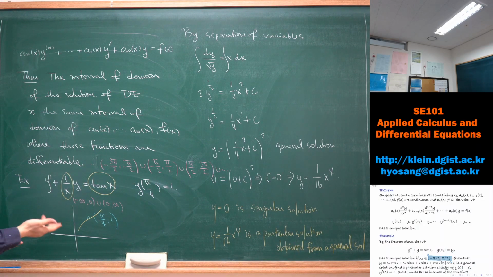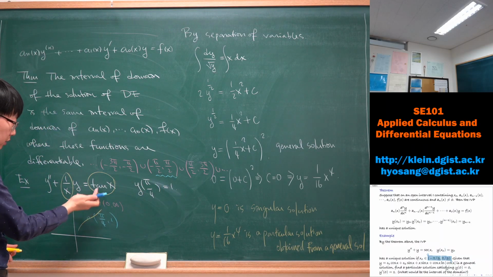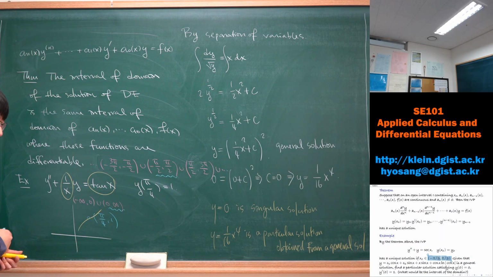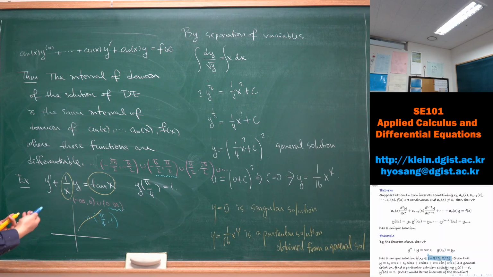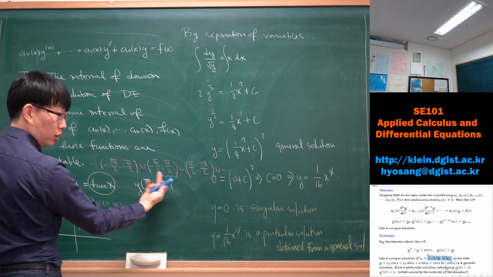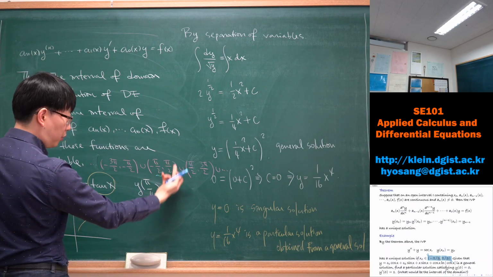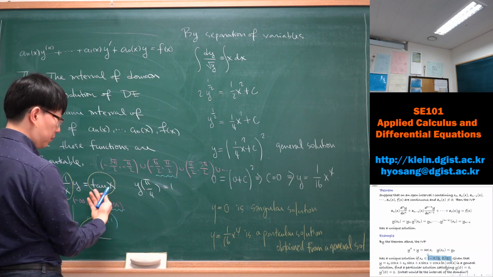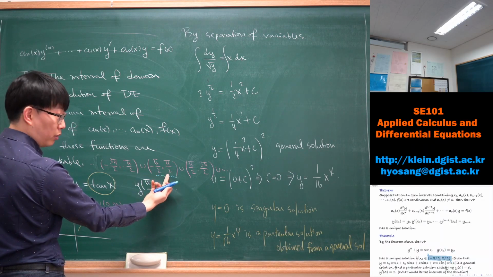Now, I have my initial point lying in this interval for the domain of tangent x and also in this interval. If you want to find the entire domain of the solution curve, it should be the intersection of these two intervals. My solution curve cannot pass through pi over 2.